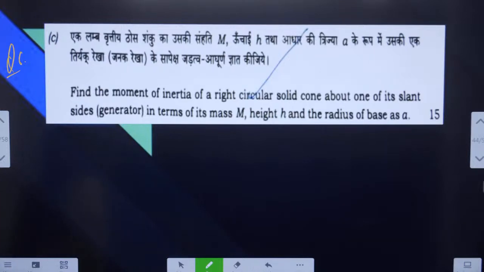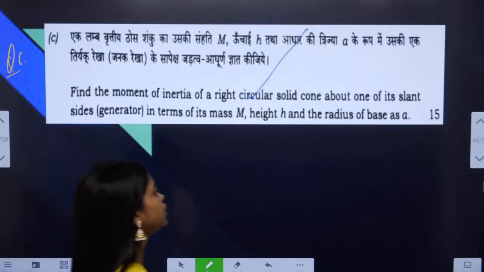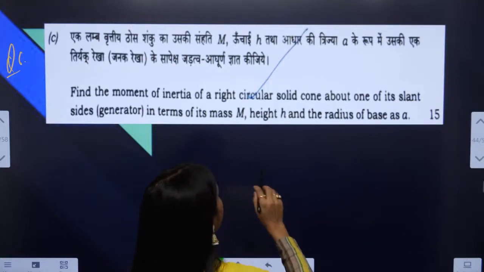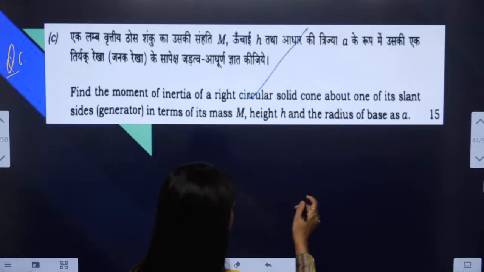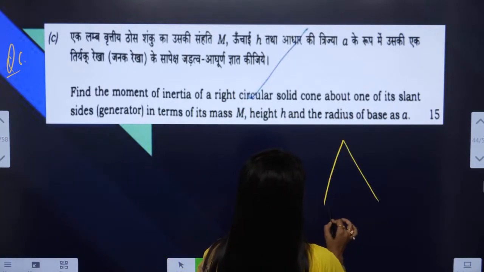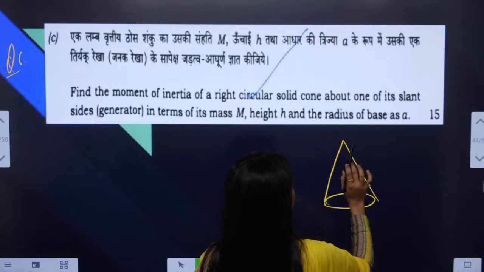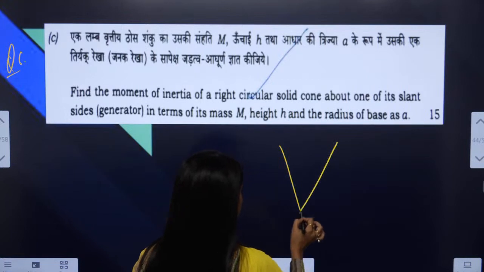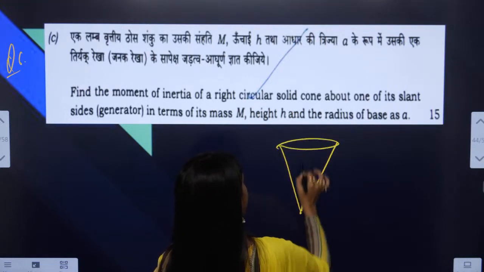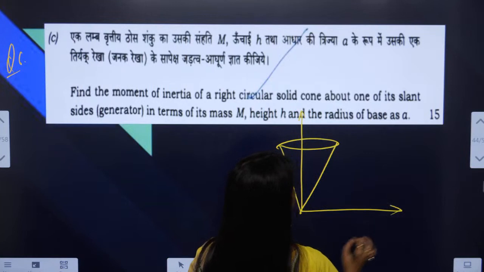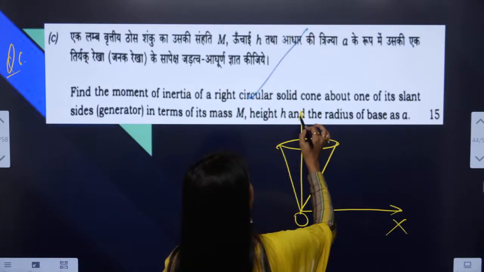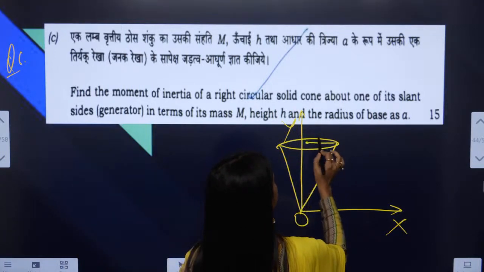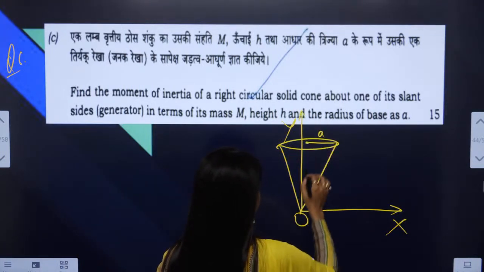In this question we have to find the moment of inertia of the cone, given mass, height and radius of the base. So let us make it an inverted cone, so that I can take the y axis here, x axis here. All the calculations are required. So this is A basically, this should be in the center.